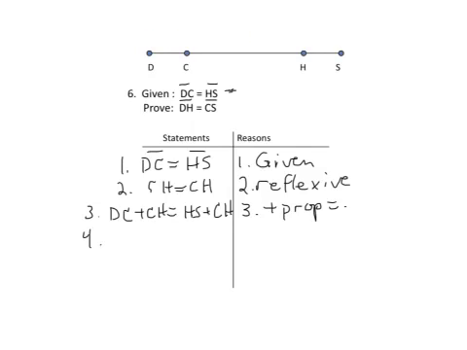Why is it actually equal to DH? Well, that is the segment addition property, or segment addition postulate. So, DC plus CH is equal to DH, and that is segment addition postulate.